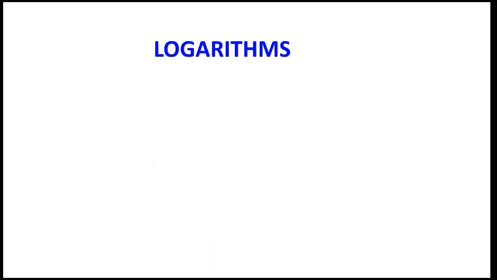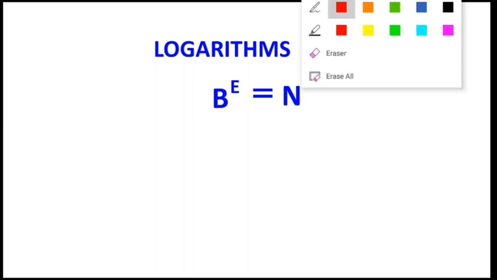Now, logarithms work with that same idea. That if I've got a base raised to an exponent, it's equal to a number. I call it the BEN. So to understand how logarithms work, use BEN. BEN means B, base, E, exponent, N, number. That's where the BEN comes in.